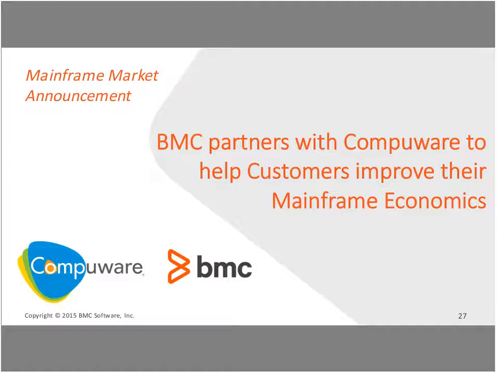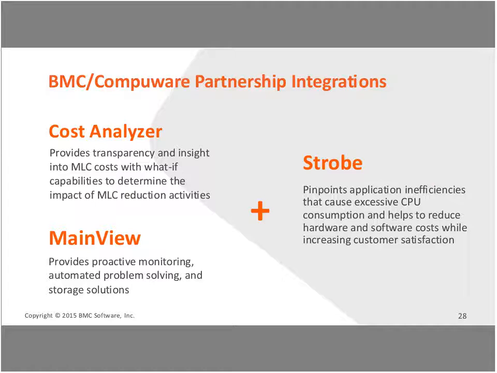As I noted in the agenda, we want to spend just a couple minutes talking about an announcement that we made last week in terms of a partnership with CompuWare Corporation. Many of you, if you're familiar with CompuWare, may be familiar with their product Strobe. And when we looked at the things that we do with Cost Analyzer and with our MainView monitors and the things that Strobe can do, we saw the opportunity for a partnership that would benefit customers.